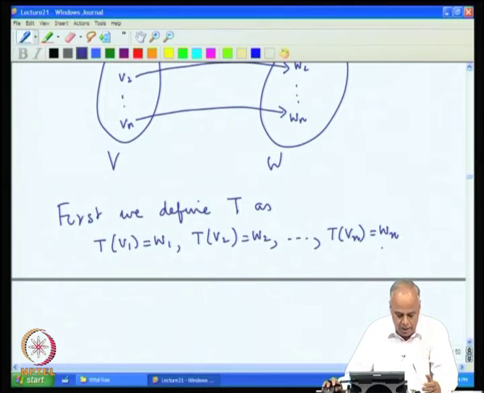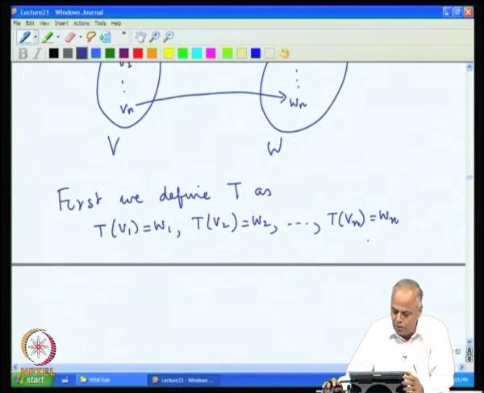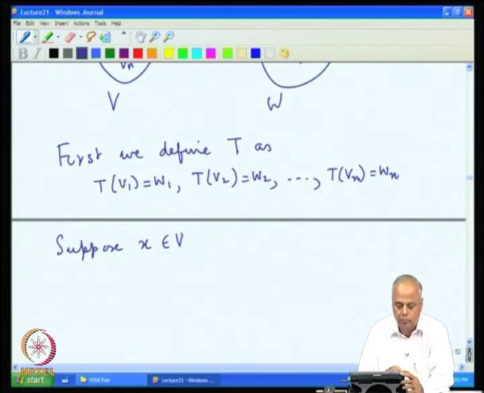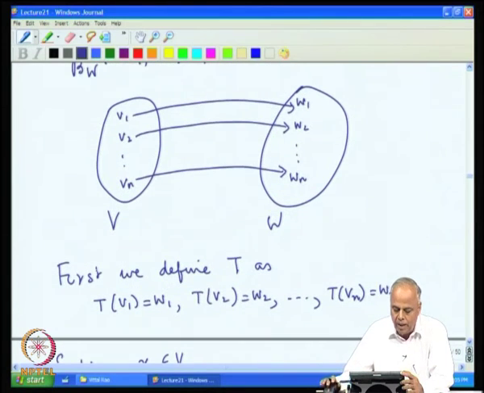Now, once we have said what T does to the basis vectors, we shall see what it does to the other vectors. Suppose x belongs to V. If x belongs to V, then any vector in V can be written in terms of the basis vectors as a unique linear combination. So, we should be able to write x as a linear combination of V1, V2 and Vn.